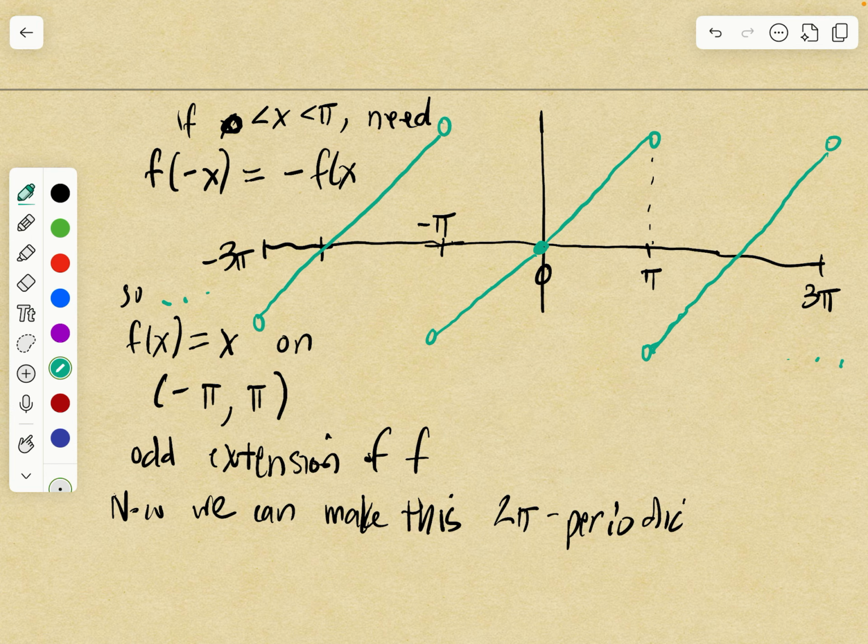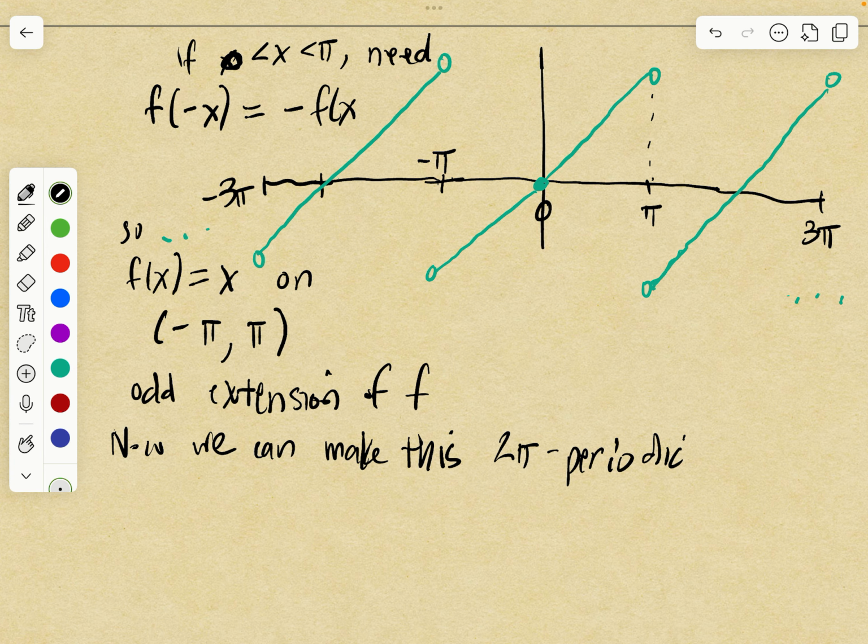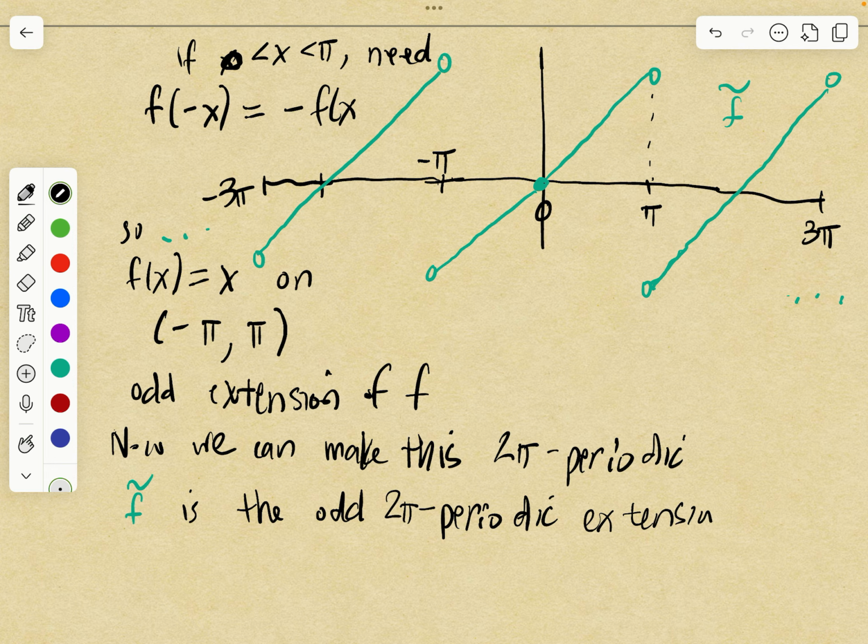So this would be the odd 2 pi periodic extension of f of x. So this would be our f tilde. F tilde is the odd 2 pi periodic extension of f. Now, when we look at the Fourier series of this, what's nice about it?